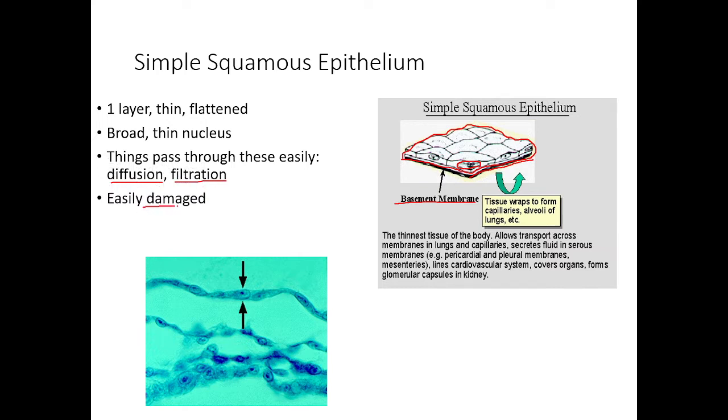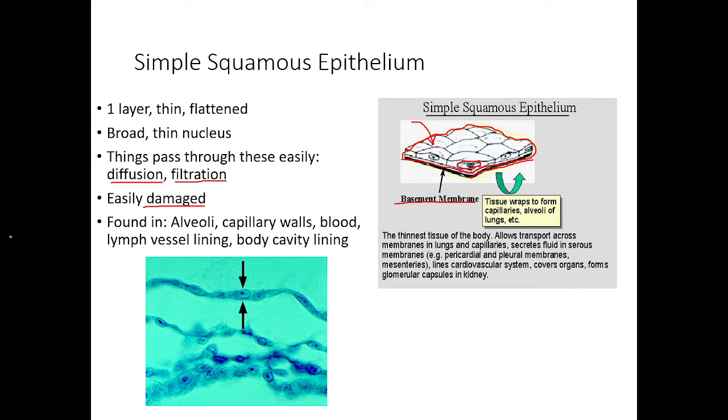They can be easily damaged by external exposure to toxic content, acids, bases, or high or cold temperature. They get immediately damaged. We can find this squamous epithelium in alveoli, capillary walls, blood vessels, lymph vessels, and body cavities.